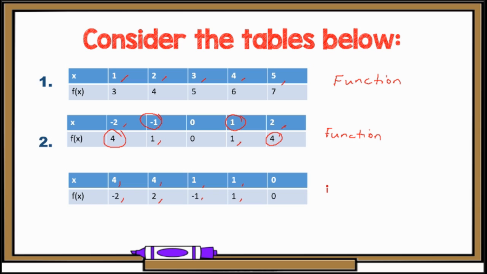Therefore, this is not a function. So in summary, when a function is represented by a table, always examine the association between x and f of x. If every value in x corresponds to just one value in f of x, then it is a function. Okay?